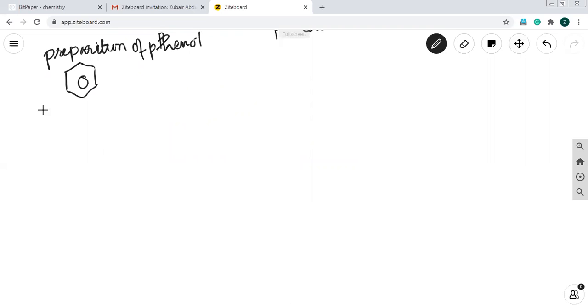The first process is the Dow process. You start with benzene and convert that into phenol.